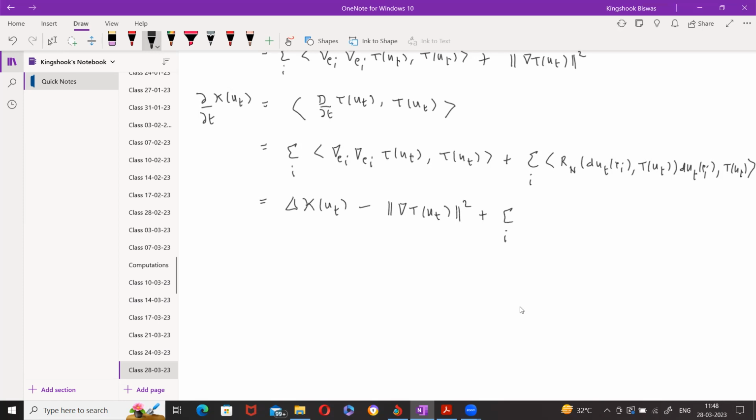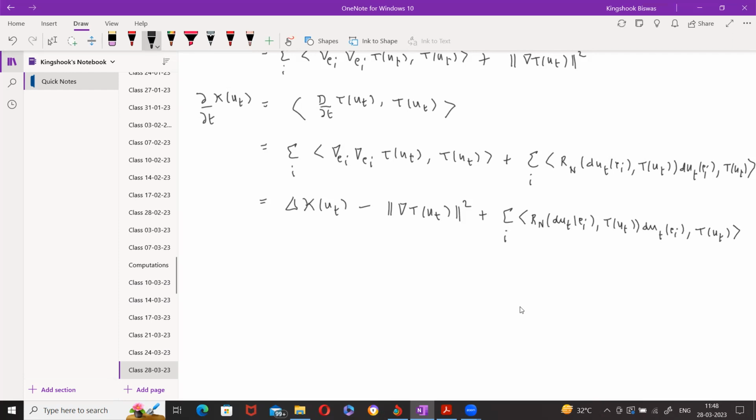So these are sectional curvatures, if you like, multiplied by the norm of a wedge squared. So this is R^N(du_t e_i, tau u_t) du_t e_i, tau u_t, right?